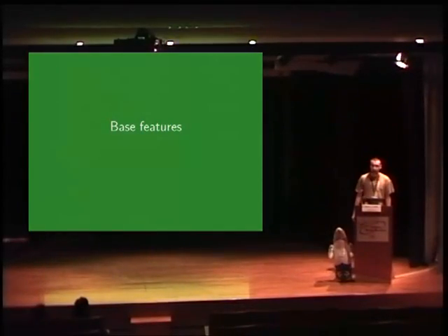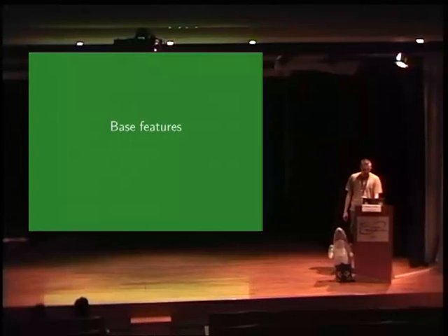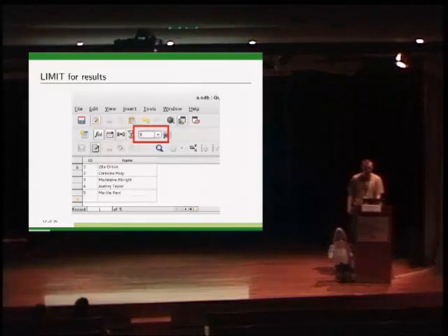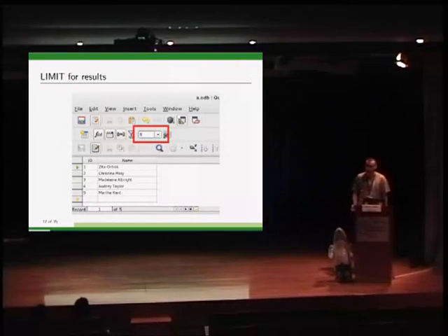Now Base. Base is our database application that allows you to create various SQL databases, queries for them, and similar. So what features do we have there? There is a new limit function, which obviously limits the result. Same as in SQL, you can define the number of limited lines, and you get it.